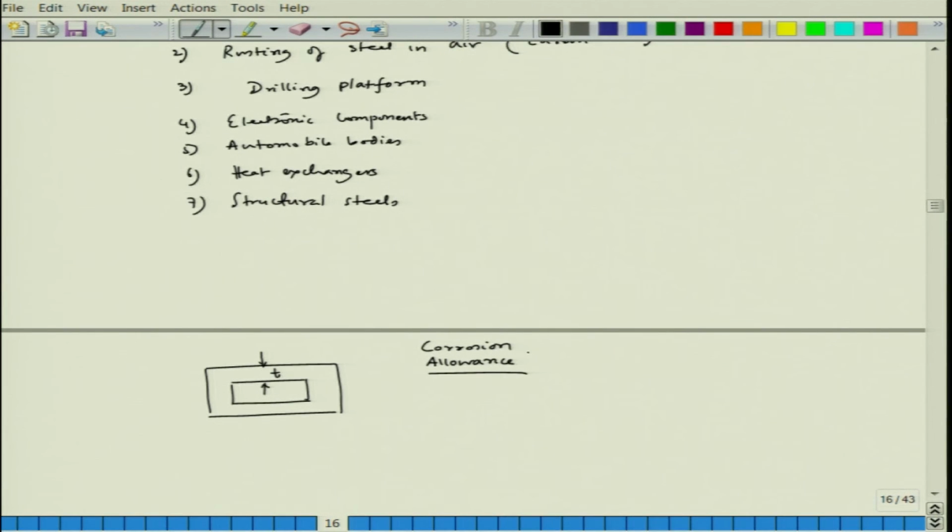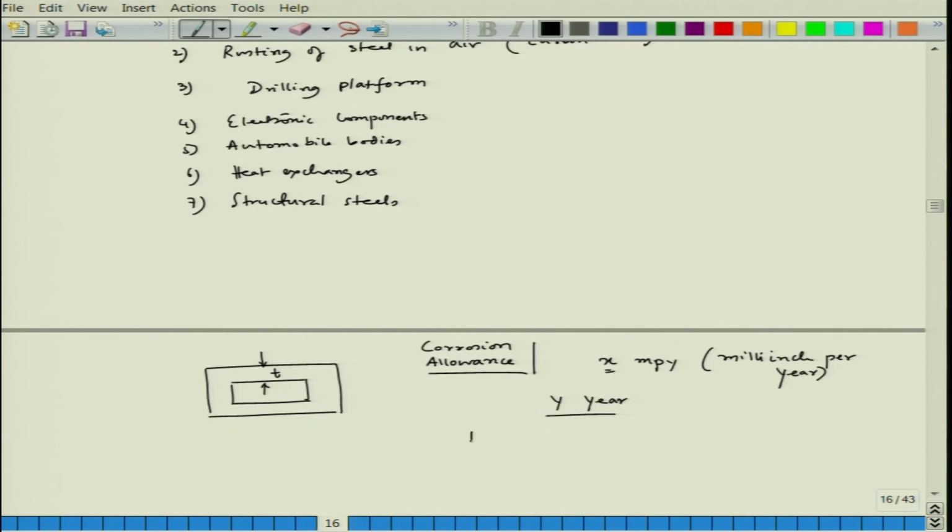For example, if the corrosion rate is x MPY, MPY is what? Milli-inch per year, fine. And this is the average corrosion rate, and we expect that for the next 10 years, or y years, let us say, it will maintain that average corrosion rate.